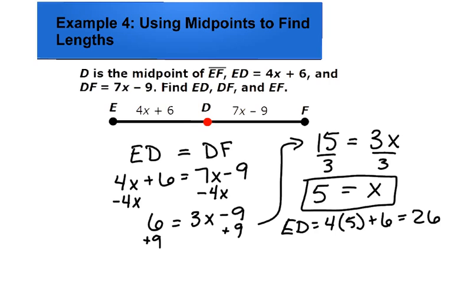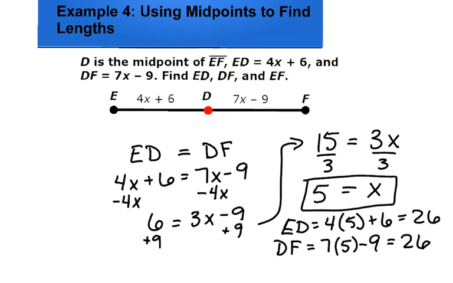And then our DF should be the same thing since we are dividing in half with that midpoint there. And it's 26.